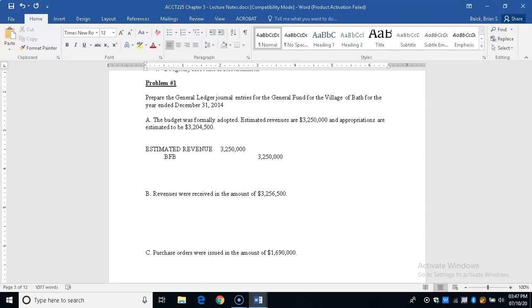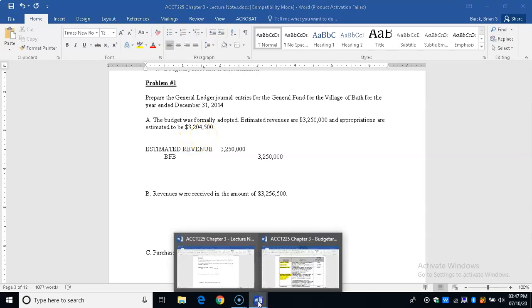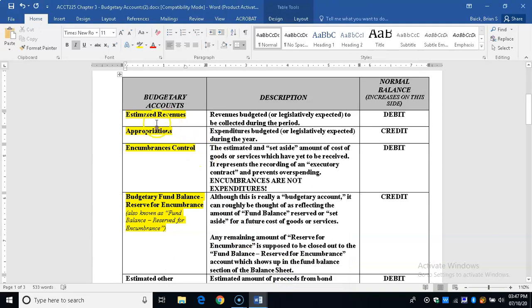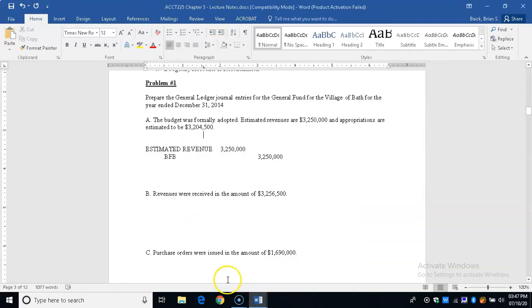How much money do you think you're going to spend? $3,204,500. That's appropriation. So how would you make that journal entry? Appropriation you would credit. Okay, so we're going to credit appropriation, $3,204,500.